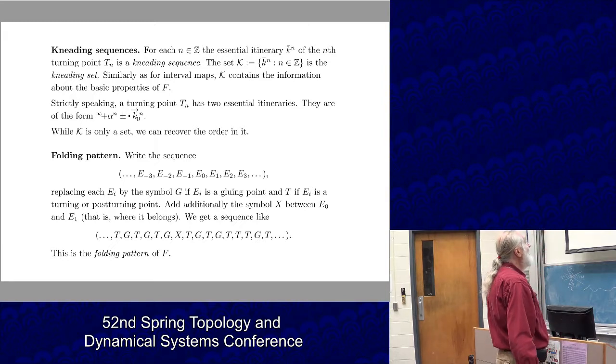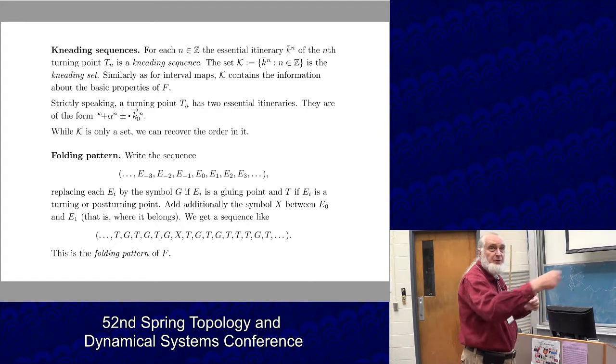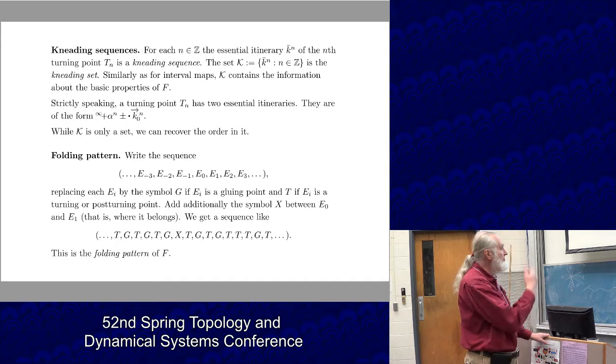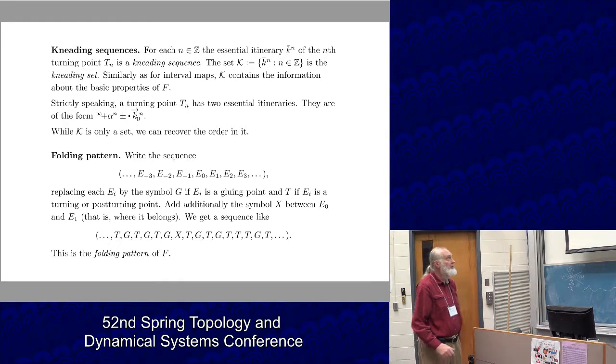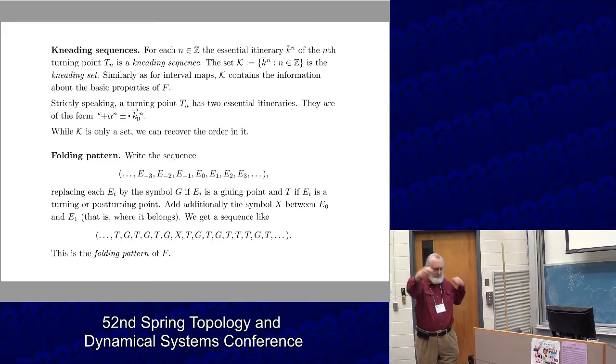I told you about kneading sequences, but you can also just look at those points and mark which are gluing points and which are turning or post-turning. So you get such a bi-infinite sequence. And here you put X just so that you know where your fixed point is on this real line of this manifold.